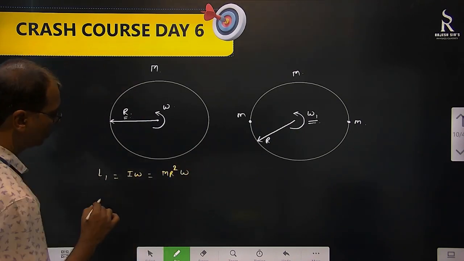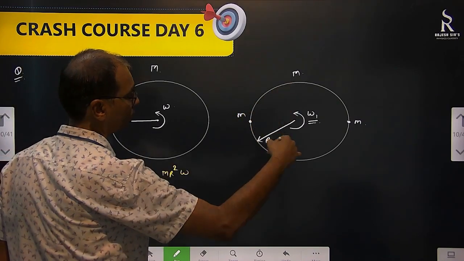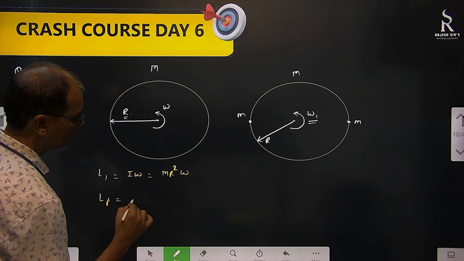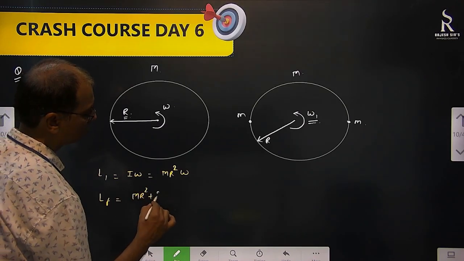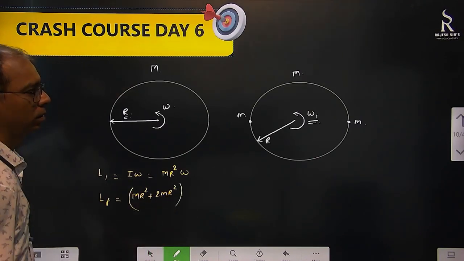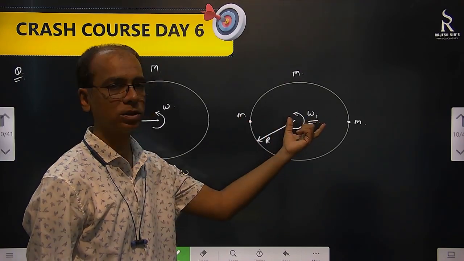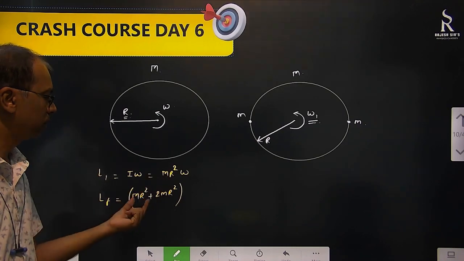In the final case, what is the angular momentum? Now in this one, there is the moment of inertia of the ring plus the moment of inertia of the particles, which we have to add. So mr square plus 2mr square. The ring's moment of inertia we know is mr square, and each particle's is also mr square. We added it along with the ring.